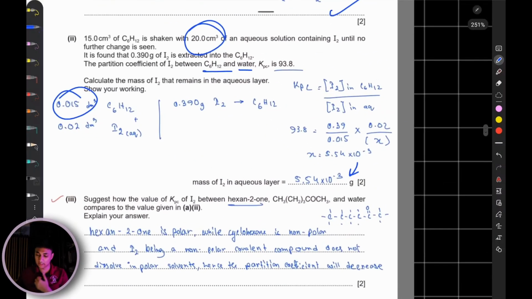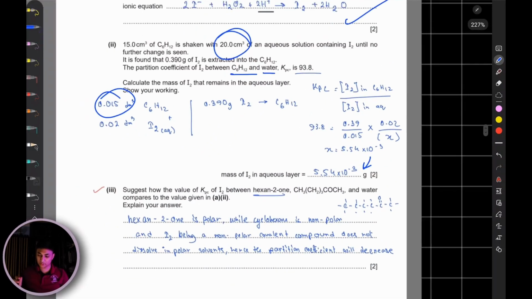of minus 3. Okay, so one thing you can understand is iodine is covalently bonded, right? I2, it's a covalent molecule, and it is going to dissolve more in your organic solvent compared to a polar solvent. We already know that H2O is a polar solvent, right?